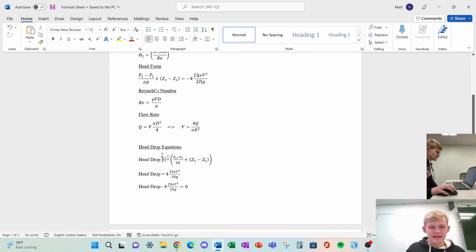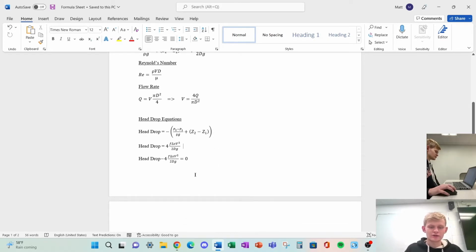The reason why this is negative is because of our pressure values. At least in terms of what we're going to be solving today, our pressure at 2 is going to be less than the pressure at 1. So we need to make sure that our head drop remains positive, so this is going to be a negative.